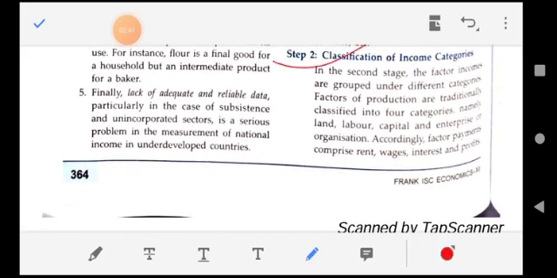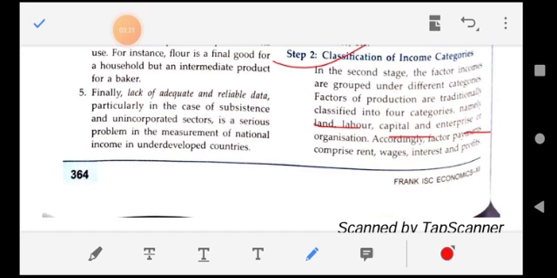Now, the second step is classification of income categories. Traditionally, factors of production are classified into four categories: land, labor, capital, and enterprise. Accordingly, factor payments are: for land, rent; for labor, wages; for capital, interest; and profit for enterprise.